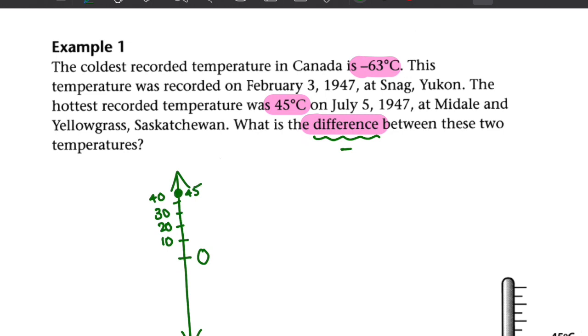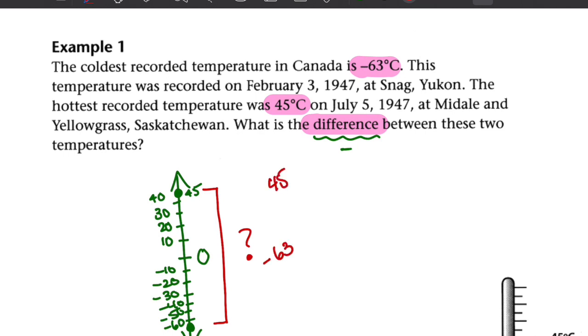And then I have negative 10, negative 20, negative 30, negative 40, negative 50, negative 60. So negative 63 is somewhere around here. What we want to know is how many degrees are between negative 63 degrees and positive 45 degrees. Okay? So to do that, we have to subtract.